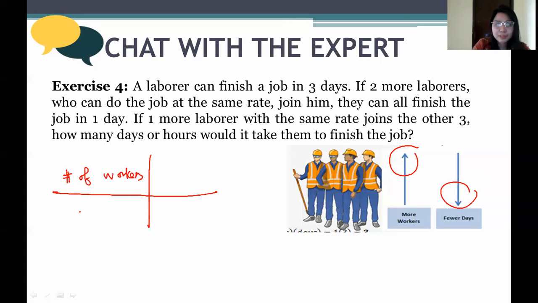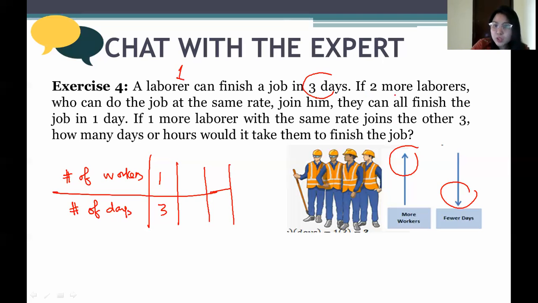The second variable will be the number of working days. Let's have first in a table. It says 1 laborer can finish the job in 3 days. So 1 worker, 3 days.